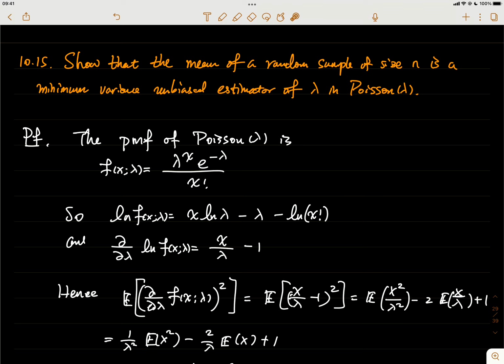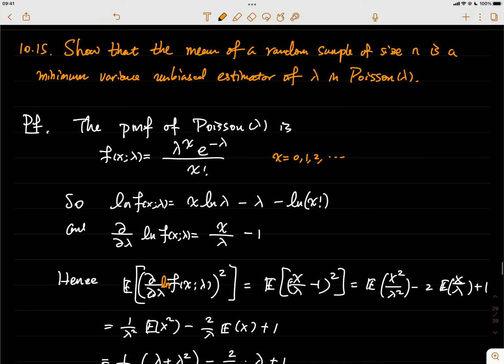For Poisson, we know that the PDF, or sorry, I should say the PMF, is this, right? Where x is any non-negative integer. And then, sorry, we should have a log here. It should be the logarithm of this. So here x is 0, 1, 2, and so forth. But it doesn't matter.